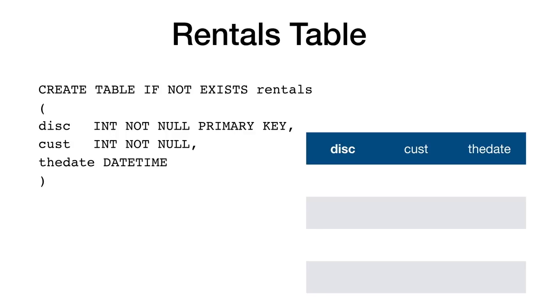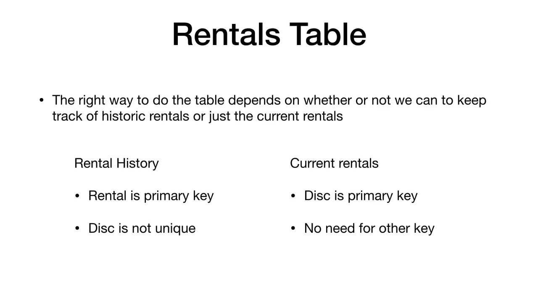And then I was thinking, have I really thought this through? Have I thought what the rentals table is going to do? Really there are two ways to do the rentals table, and the right way to do it is going to depend on whether or not we keep track of historical rentals or just the current rentals.